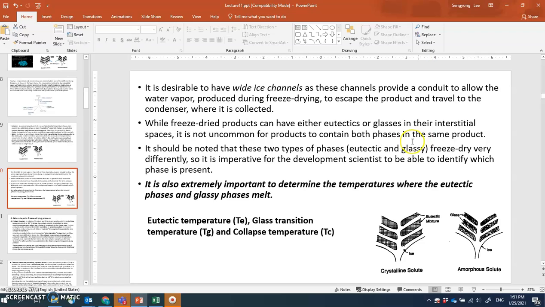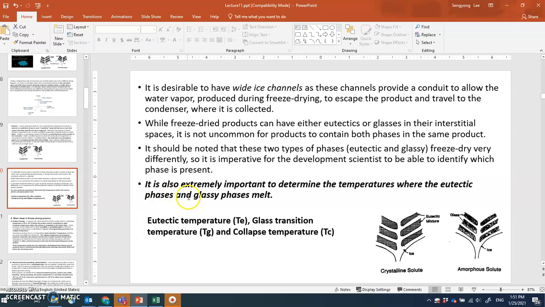Okay. So eutectic type and glassy type behave really differently. So scientists should figure out what condition your drug will exist in during the freeze drying, and try to come up with the best freeze drying process for your drug. Okay, the best freeze drying temperature condition and then pressure condition.